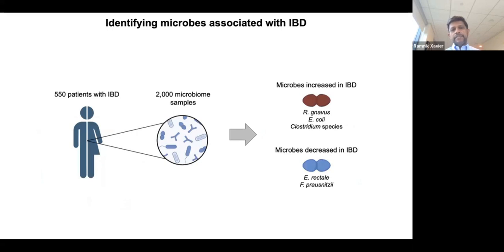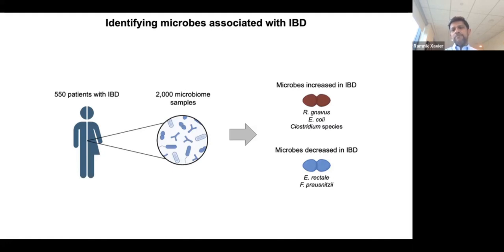Here's an example where we did an analysis of something like 500 patients with inflammatory bowel disease and looked at their microbiome, roughly 2,000 samples from these individuals. So we can now begin to say, okay, what are the bugs that increase in inflammatory bowel disease and what are the bugs that decrease? I'm just giving you a snapshot of this data.